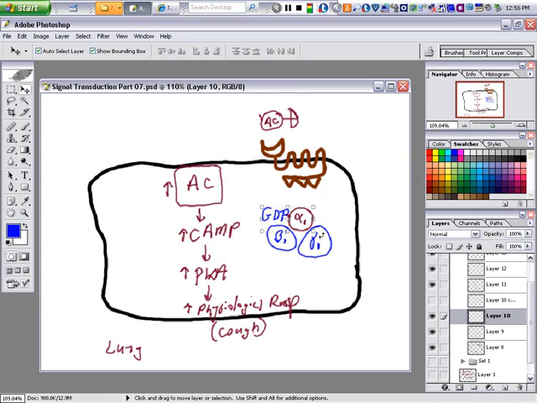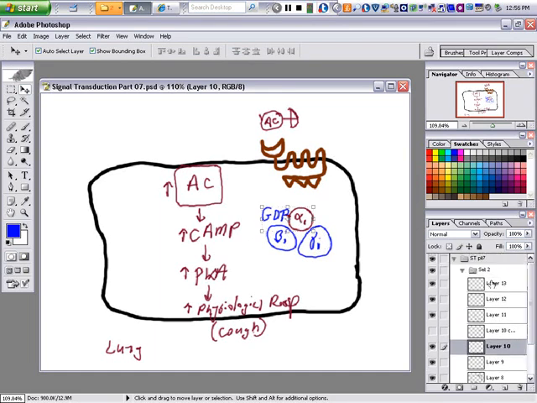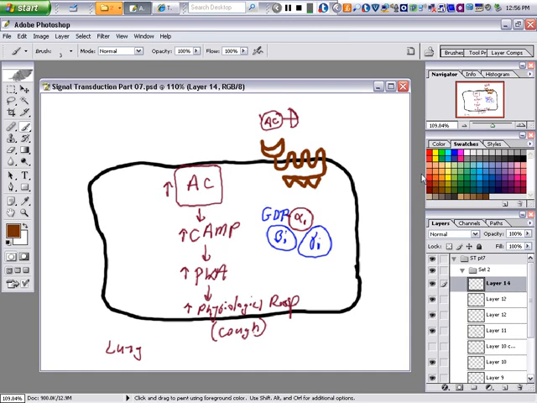And there is a toxin that blocks all 3 of these. It puts all 3 of these in jail. So here we have a toxin here, and it locks these 3 together. So I'm going to lock them together too, so they can't get apart, and you can't convert GDP to GTP.